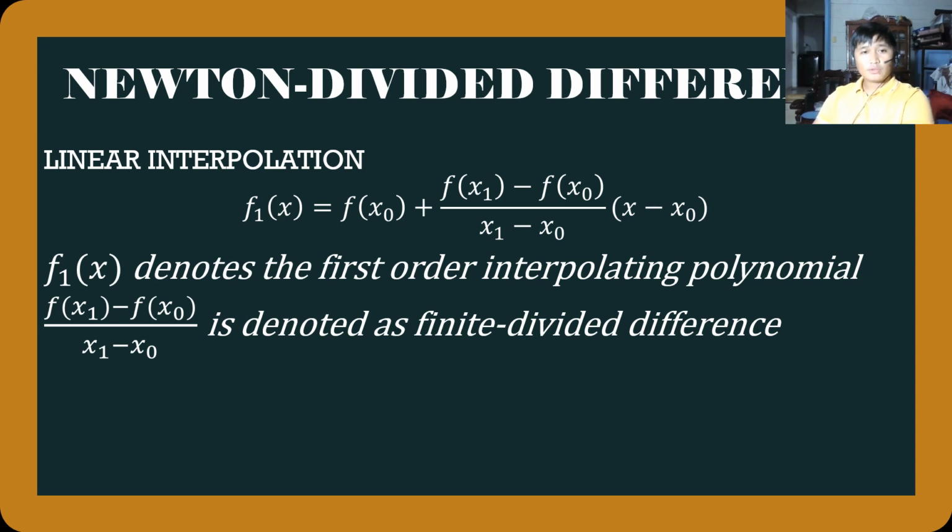Linear interpolation, so we have this general formula: f sub 1 of x is equal to f of x sub 0 plus f of x sub 1 minus f of x sub 0 over x sub 1 minus x sub 0 times x minus x sub 0. So f sub 1 of x denotes the first order interpolating polynomial, and this second part here is denoted as the finite divided difference.